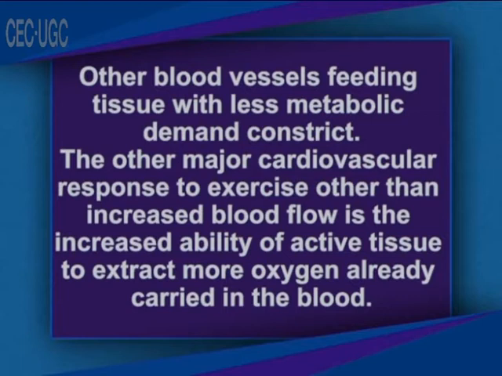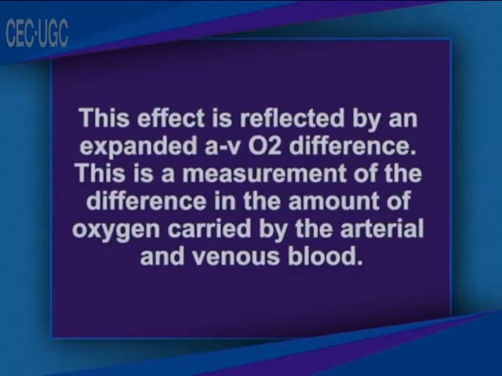The other major cardiovascular response to exercise, other than the increased blood flow, is the increased ability of active tissue to extract more oxygen already carried in the blood. This effect is reflected by an expanded AVO2 difference.